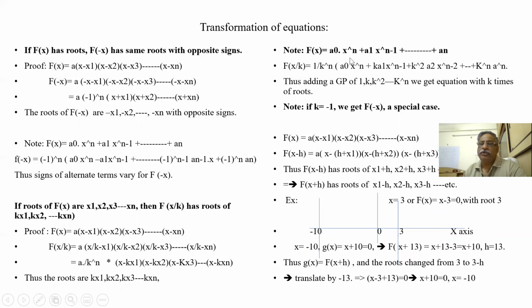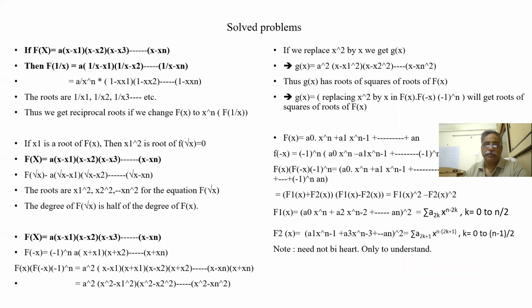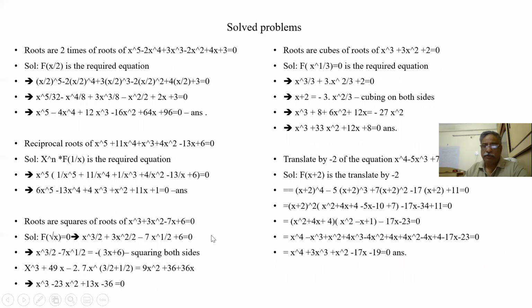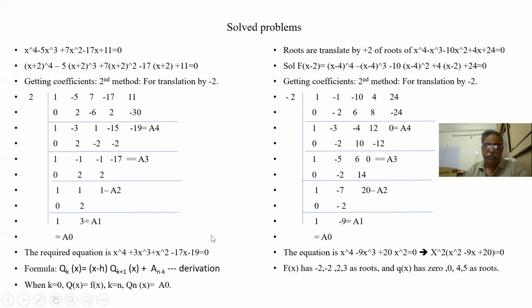F of x is a0 x to the n, a1 x to the n minus 1, up to an. Now f of x plus h, I want x plus h. Let us understand this concept.